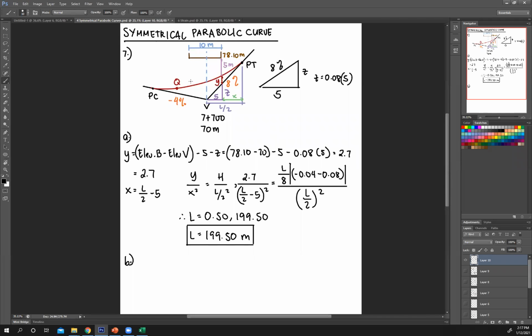To get Q, I just need to subtract this length here to get the station of Q. Let's do that. And to get that, all I need is S1.